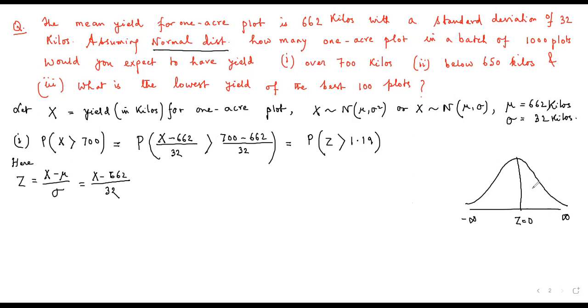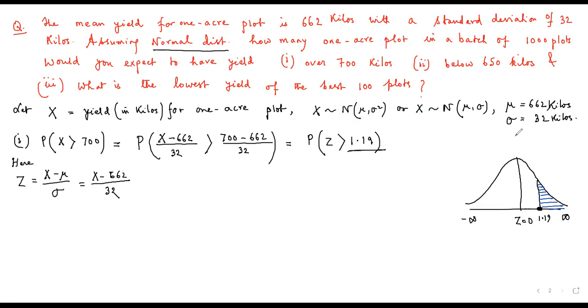Now, since we are interested in this particular point, we shall mark the point somewhere on the right hand side, because this point is positive. So it is 1.19. This is the point that we are marking over here. And according to the problem, we are interested in finding this probability. But we have to take the help of the normal curve.